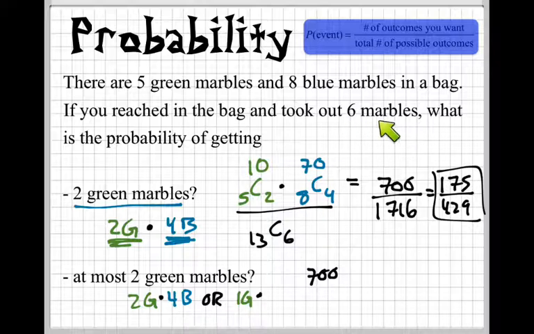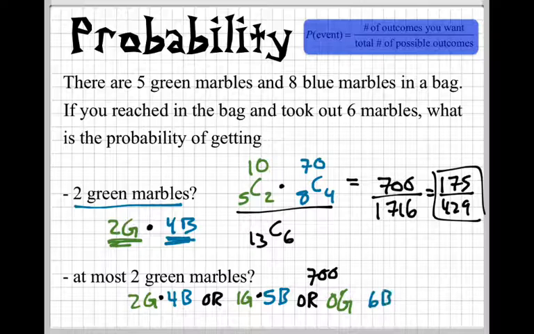Well, we know that we have to choose 6, and so that means we're going to have 5 blues. Oh, but there's one more. Or we can have 0 green. We don't have to actually figure that out, but we do have to figure out 6 blues, because if we're choosing 0 green, then we have to choose 6 blues.